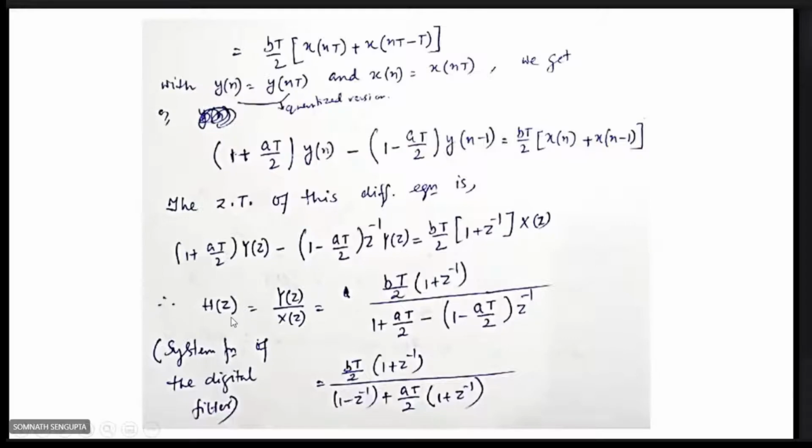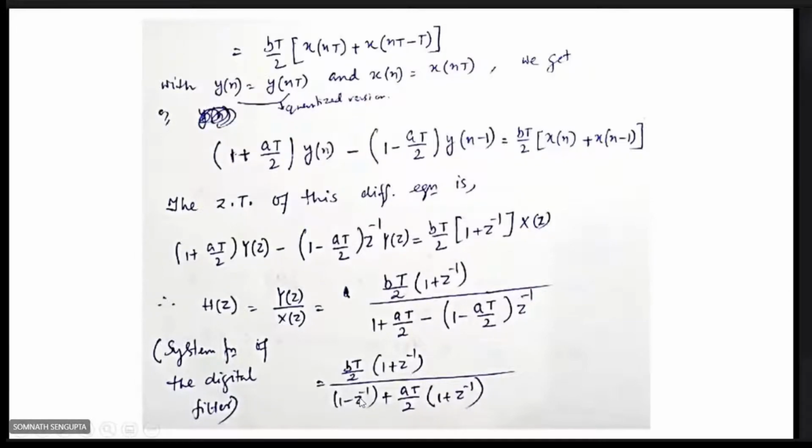This way we calculate Y(z) by X(z), and we get bT by 2 into (1 plus z inverse), divided by (1 plus aT by 2) minus (1 minus aT by 2) z inverse. So this is now coming in the form of the z variable.